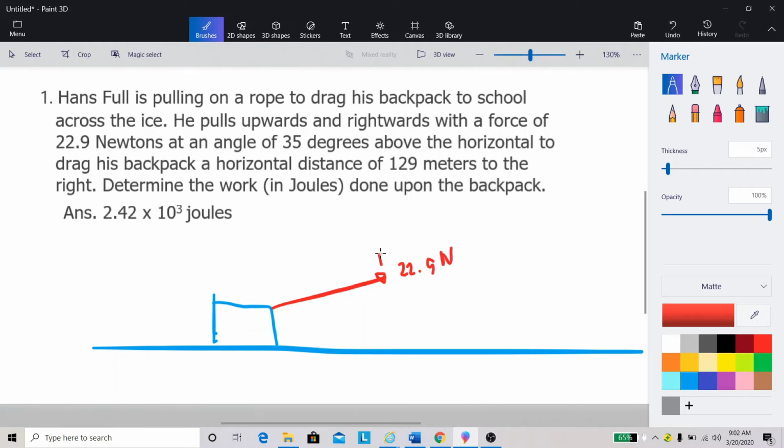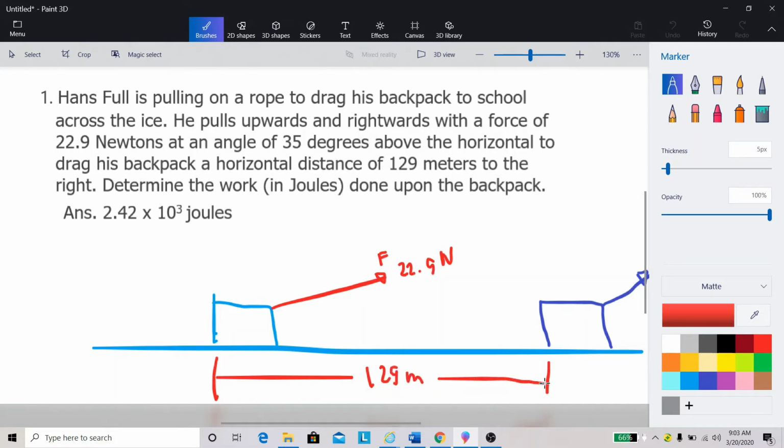Okay, that will be the force. Ngayon, after some time, yung box na yan ay naka-experience siya ng displacement. At ang displacement na yan, from here to here, will have 129 meters. Yung force na yan makes an angle of 35 degrees with the horizontal.